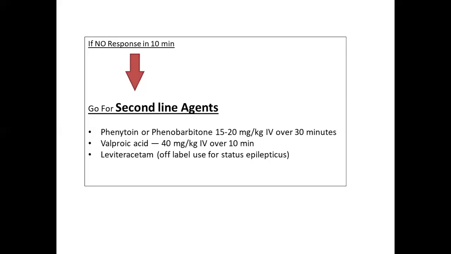If there is no response, start second line medications: phenytoin, phenobarbital, valproate, and levetiracetam. We should give them IV, right? And wait for about 20 minutes. If there is no response, what am I going to do?